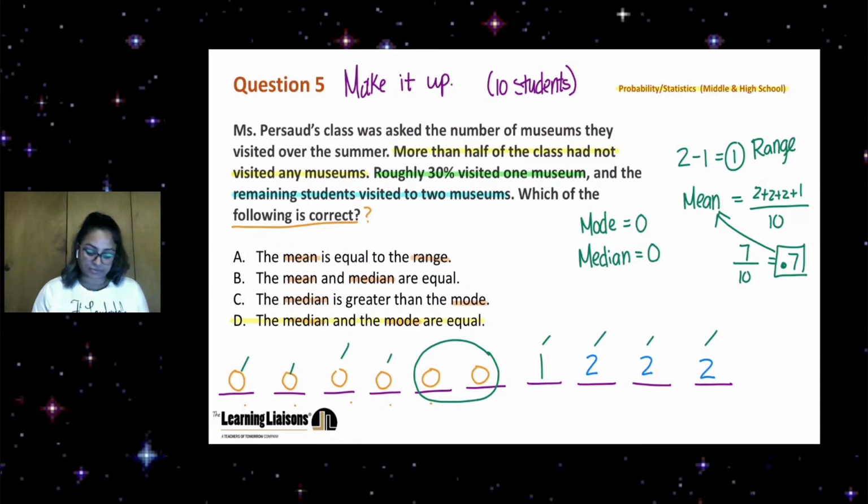So the mean and the range are not equal. The mean and the median are not equal. The median is not greater than the mode because they're exactly the same. So the only one that we have left is D. Winner, winner, chicken dinner. Any questions?